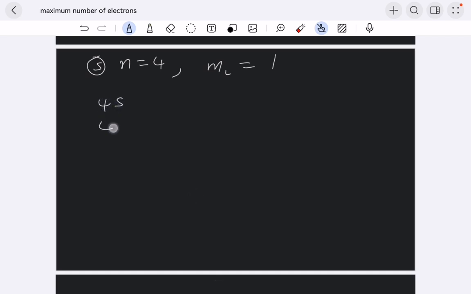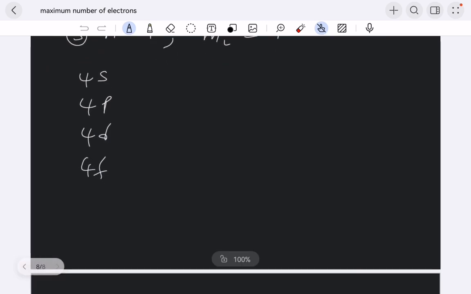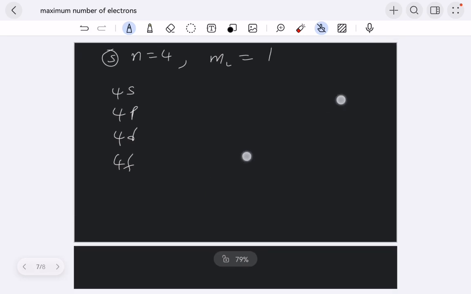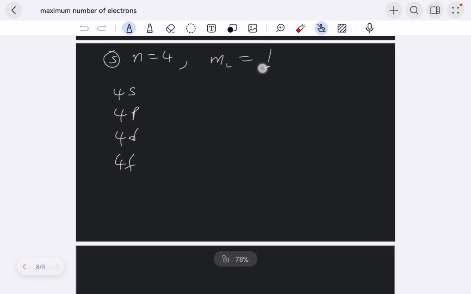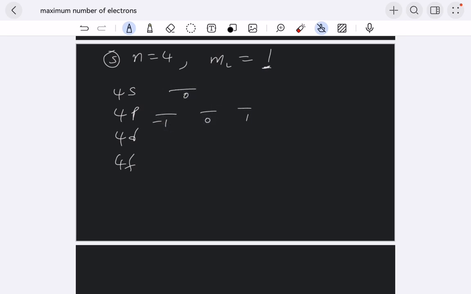Again, this is 4s, 4p, 4d, 4f. When ML is 1, we list the ML values for each orbital: 0 for s, -1, 0, 1 for p, -2 to 2 for d, and -3 to 3 for f.